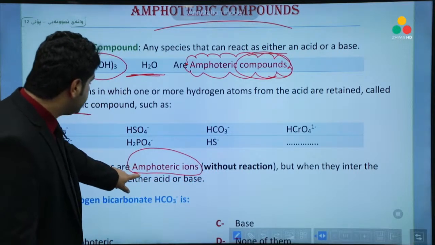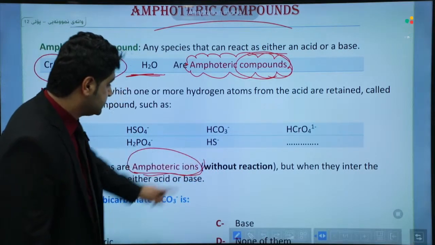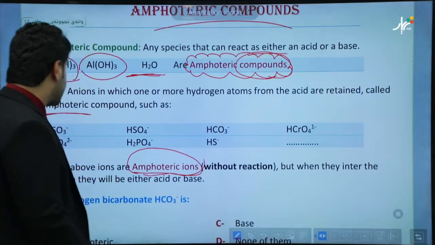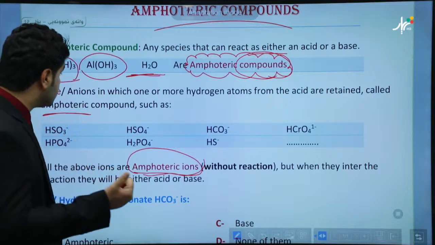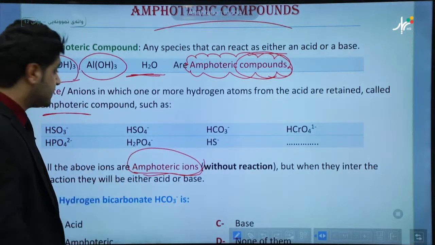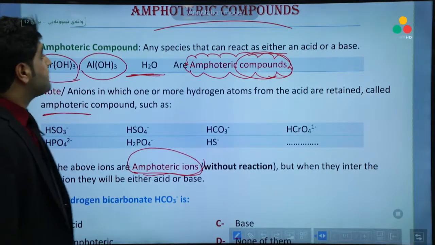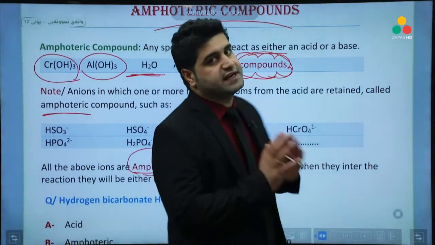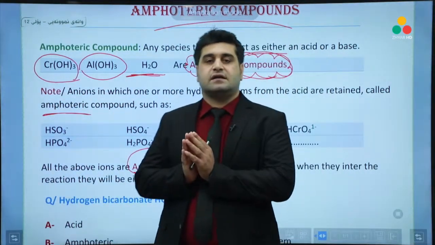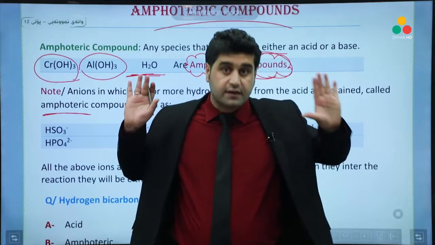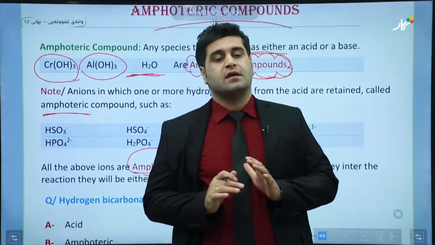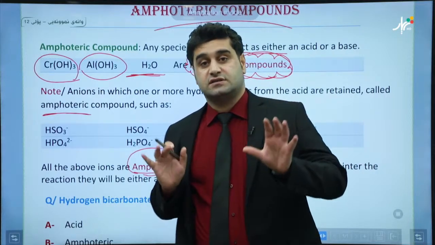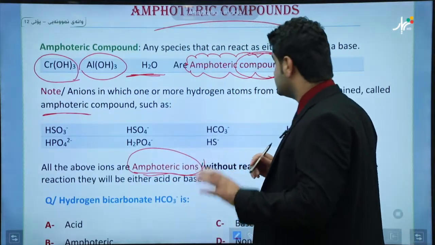So they are going to be amphoteric ions: ions that can receive or gain a proton in a proper reaction. So we have two types, amphoteric compounds and amphoteric ions. Amphoteric compounds are neutral, amphoteric ions are charged, mostly negatively charged.